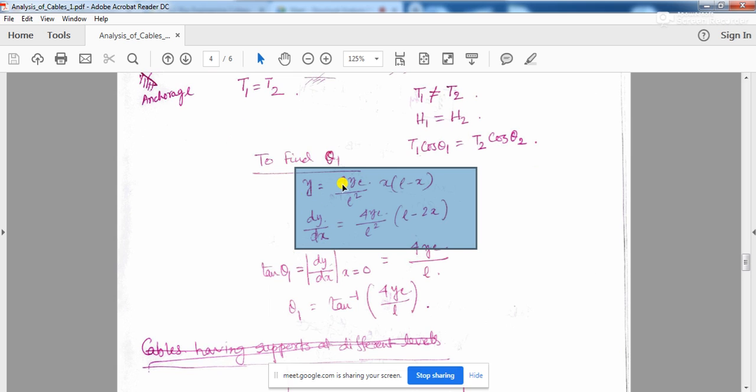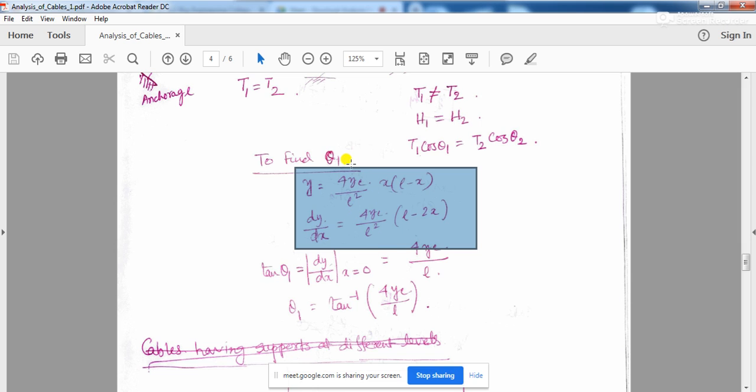So y is equal to 4yc upon L squared into x into (L minus x). This is the equation of the cable, so you differentiate to take the first derivative. dy/dx is equal to 4yc upon L squared. This is a constant term, because yc is the dip of the cable, which is constant, and the length of the span is constant.